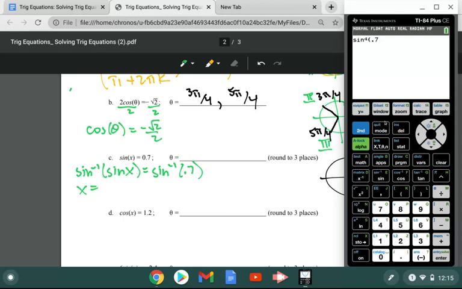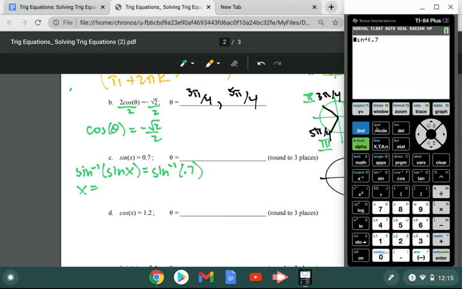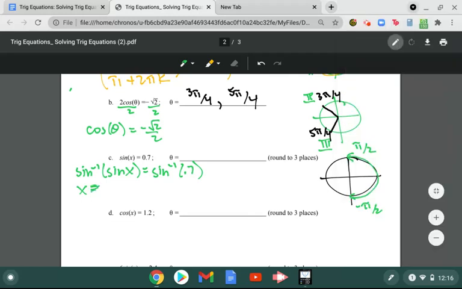Oh, you should make sure you're in radians first. I did not do that. And I am in radians. Good. So sine inverse of 0.7 is 0.775. So x is approximately 0.775. Pi is 3.14.